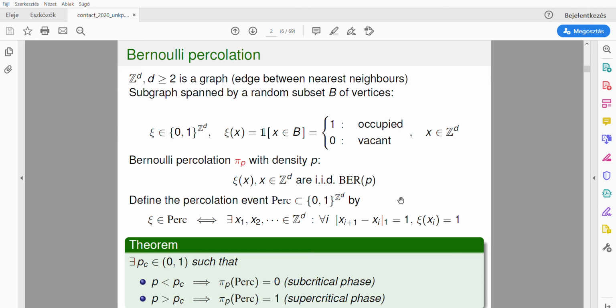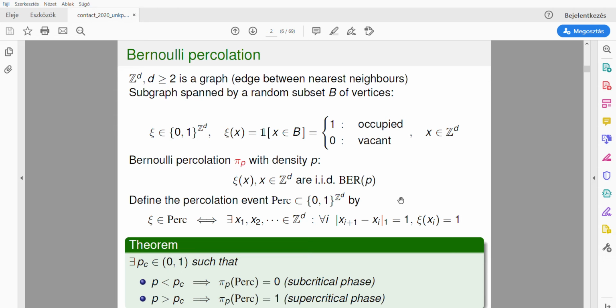But this talk is really going to be about percolation in a completely different model where sites are kept in a correlated way. So it's not Bernoulli percolation that I want to talk about, but a percolation configuration obtained in the following way.